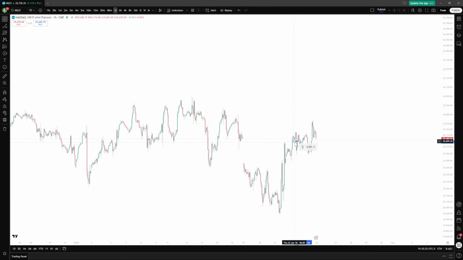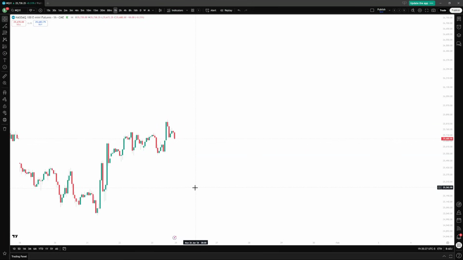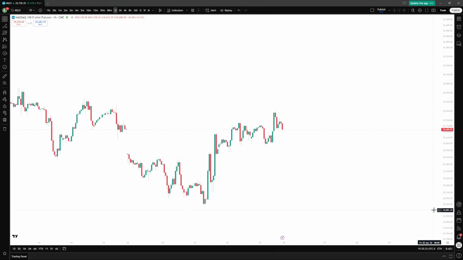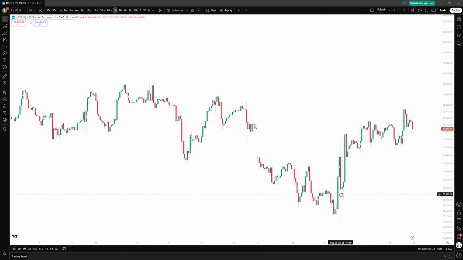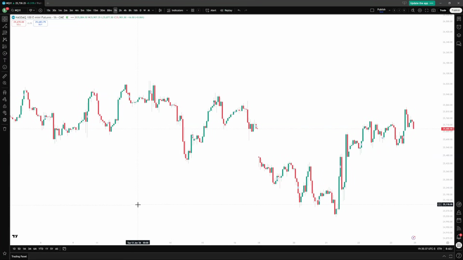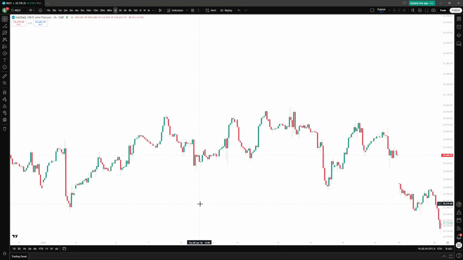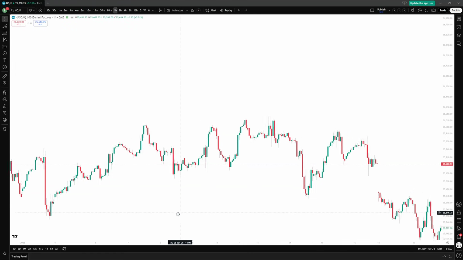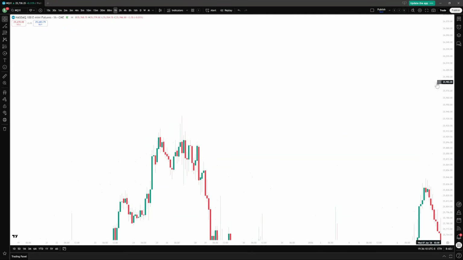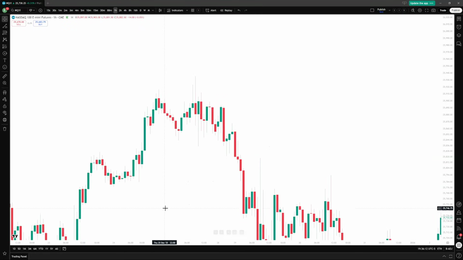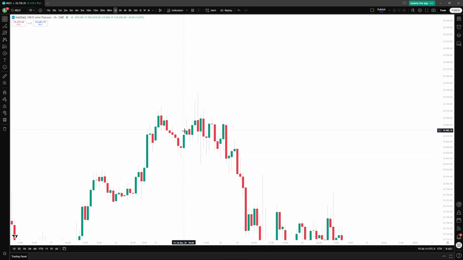The other ones to avoid are large wicks right after an order block. So sometimes you'll have an order block and the price will wick a few times through it. Let's see if we can find one. Let's take this one here. This is the highest order block.